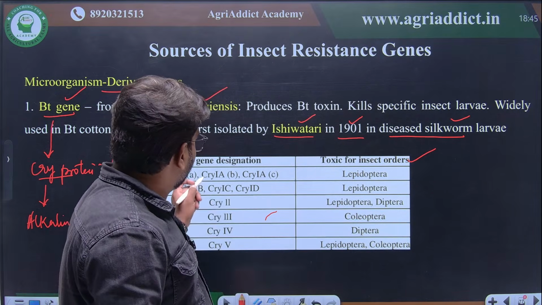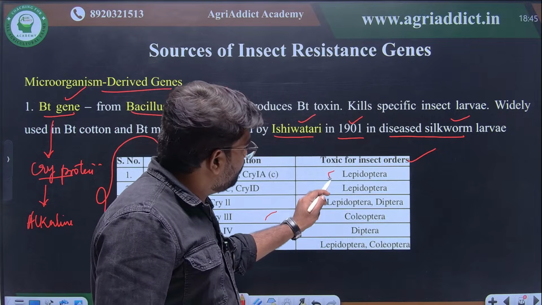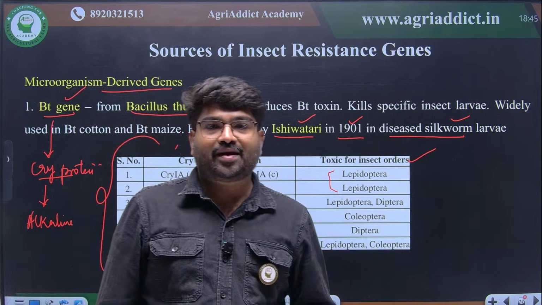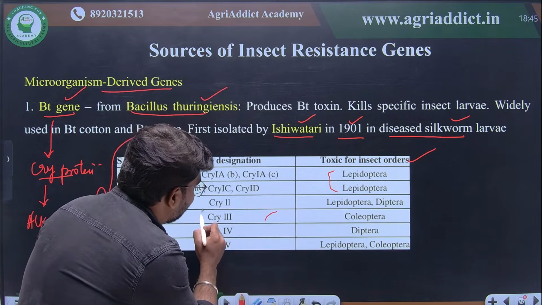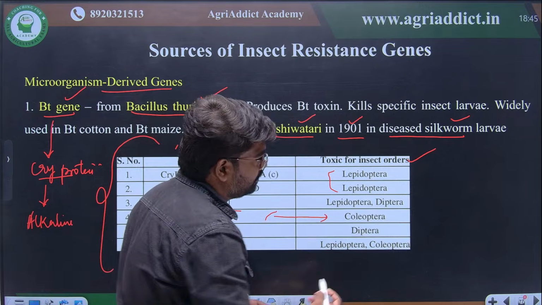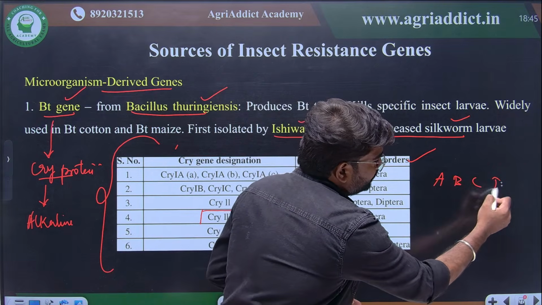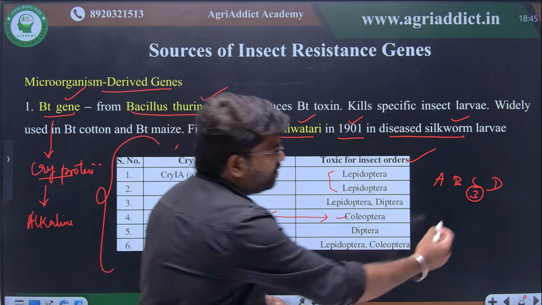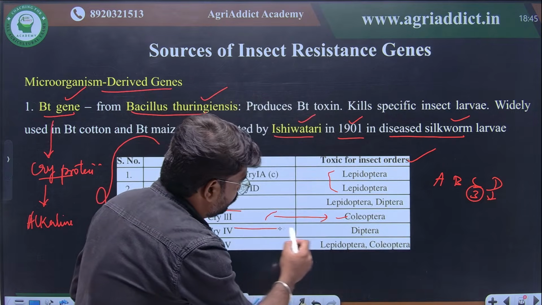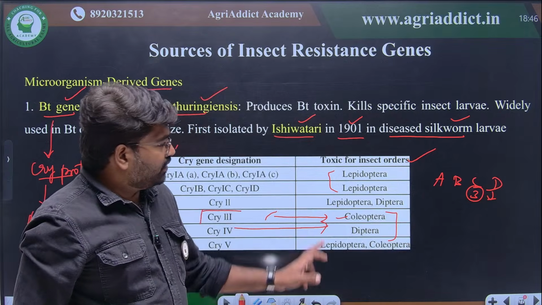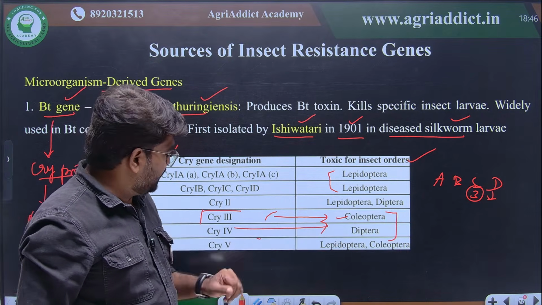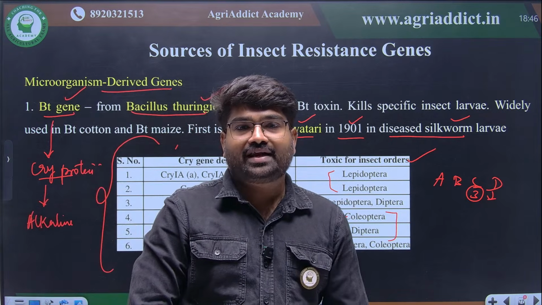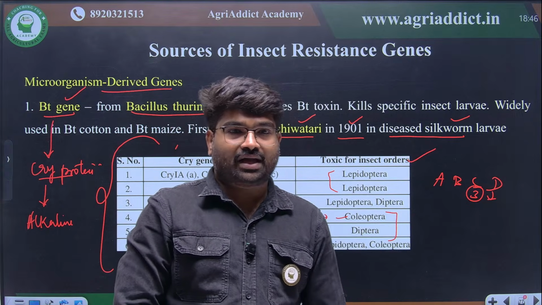For example, Cry1 and Cry2 are particularly used for targeting Lepidoptera pests. Cry3 is specific for Coleoptera. Just remember A, B, C, D. C is the third letter, so Cry3 is for Coleoptera. Cry4, D for Diptera. This is most important. Cry3 for Coleoptera, Cry4 for Diptera, Cry5 for Lepidoptera and Coleoptera. This question they may ask: what are the different Cry proteins with their target insects?